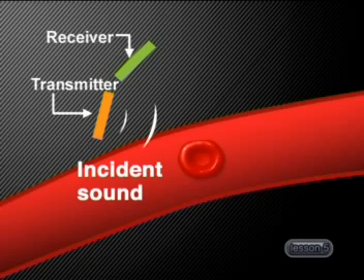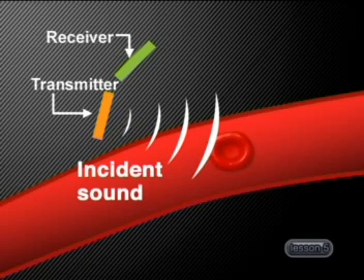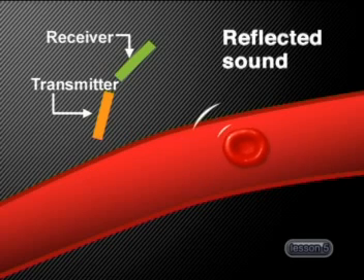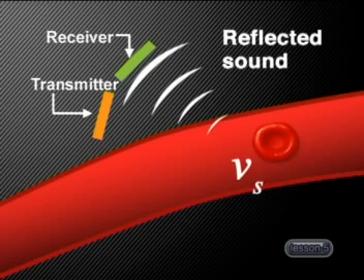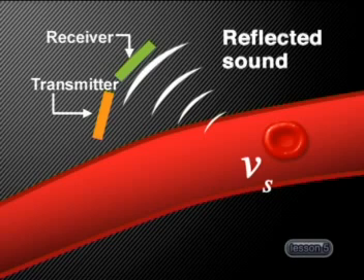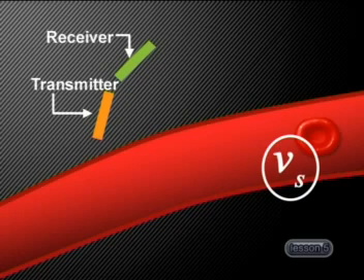The ultrasound waves striking the blood cells have the same frequency as the transmitter. However, the blood cells are moving, so they act as a moving source for the reflected ultrasound waves. The reflected waves are picked up by a receiver, and the difference between the transmitted sound and the reflected sound is analyzed to provide information about the velocity of the blood cells.